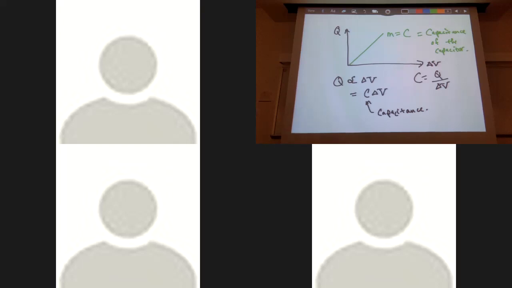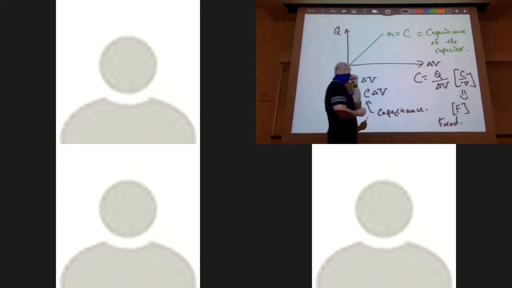So C has units of coulombs per volt, which is what's known as a capital F, which is what's known as a farad. So the unit of capacitance is a farad. It's a coulomb per volt, which is the amount of capacitance that this capacitor has.